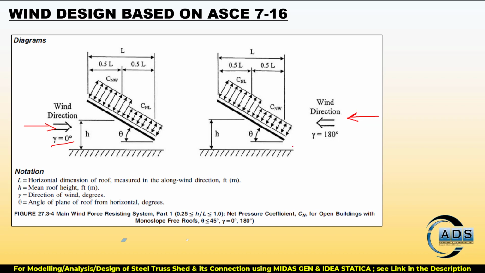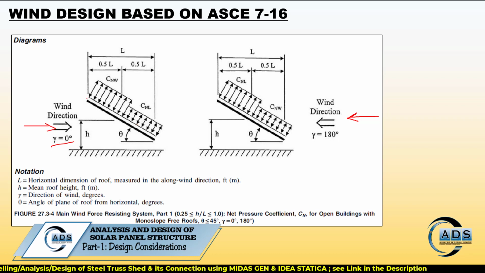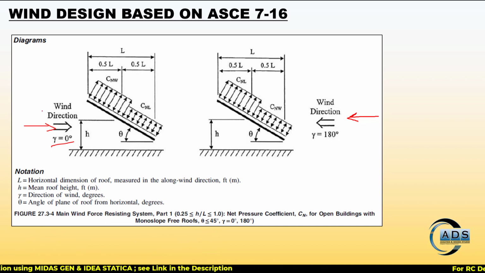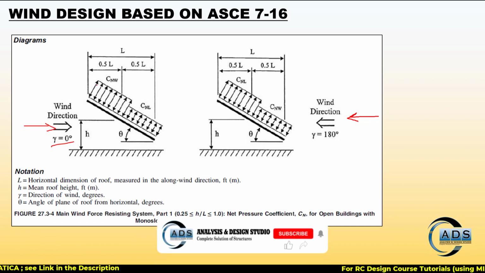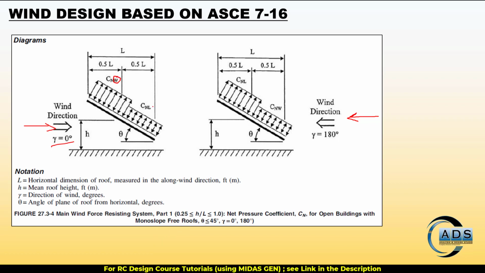Now what are the differences? We can see that the difference is the regions. When wind is blowing from left to right, then the upper portion gets windward and the lower portion gets leeward, L. And when the wind direction is 180 degrees, then the upper portion will get leeward and the lower portion will get windward.